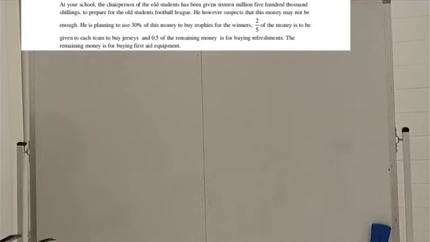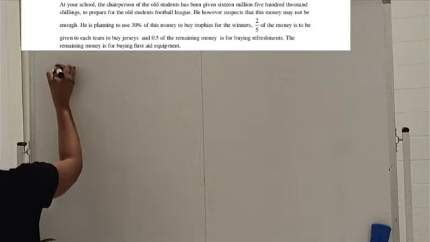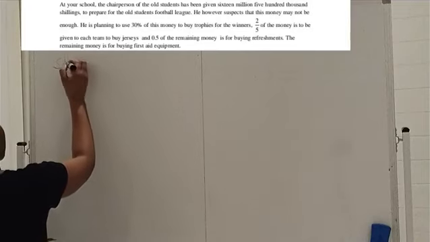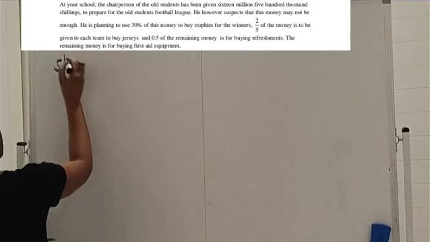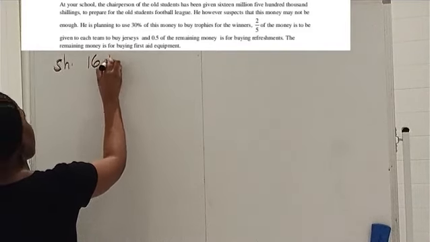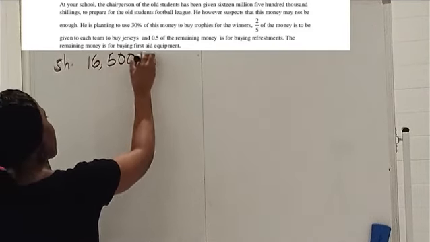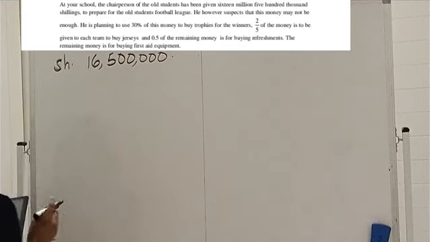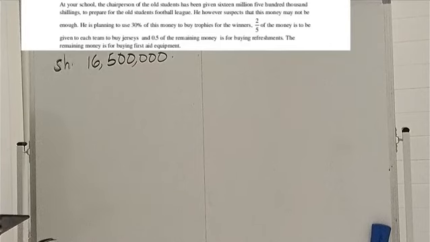When you go back to the scenario, they are saying that the chairperson was given 16,500,000 shillings. So this is the amount of money that he was given. Then he suspects that this money may not be enough, but this is his plan.